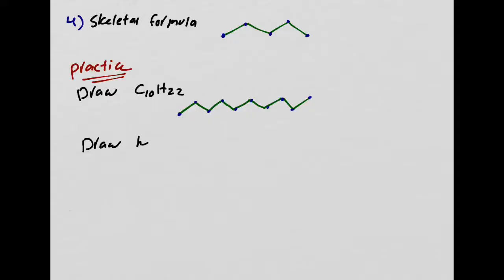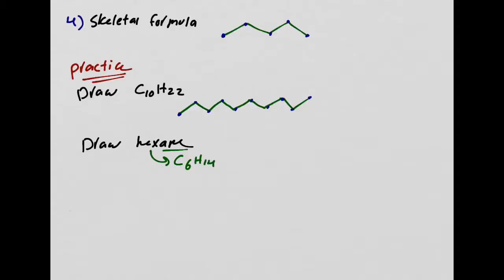Let's draw hexane. Again, hexane is an alkane. Hexane has how many carbon? 6 carbon. It's an ane, so it's an alkane. Number of carbon times 2 plus 2. 6 times 2 plus 2 is H14.